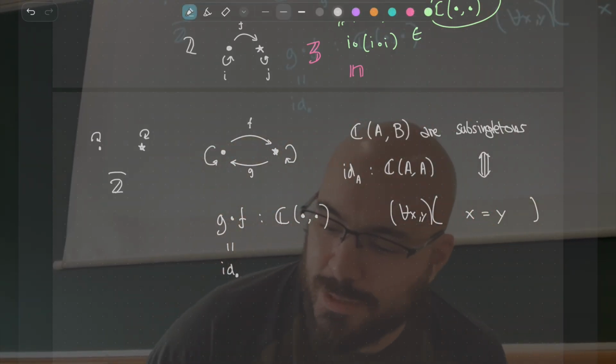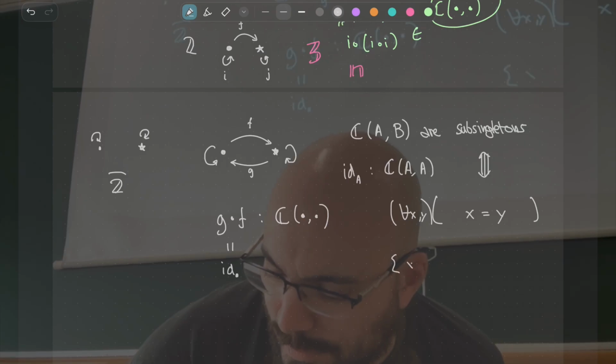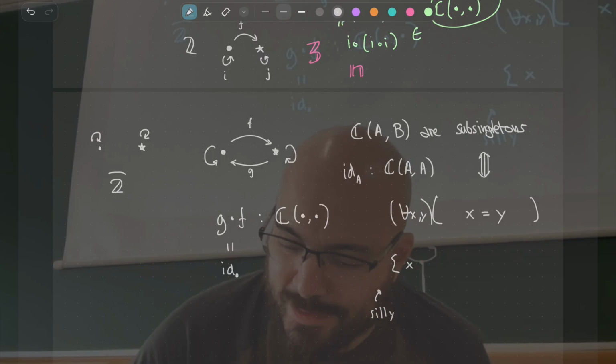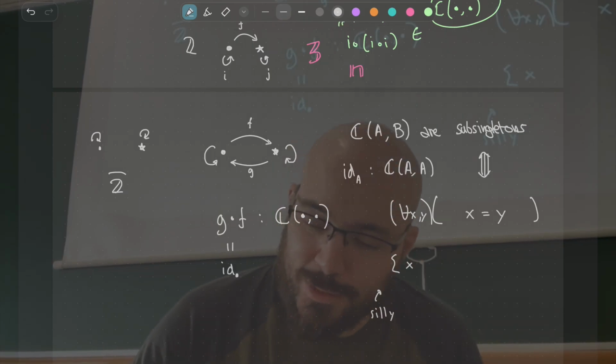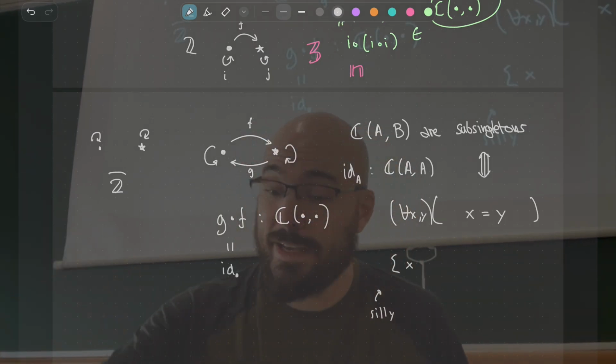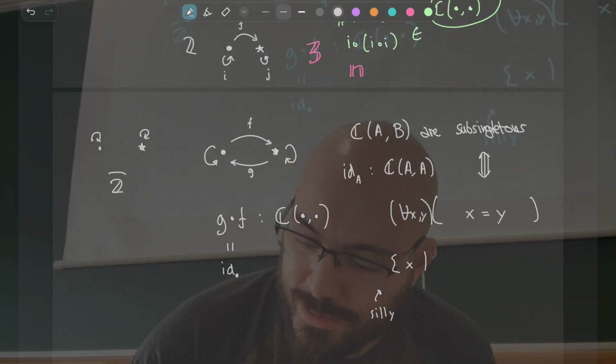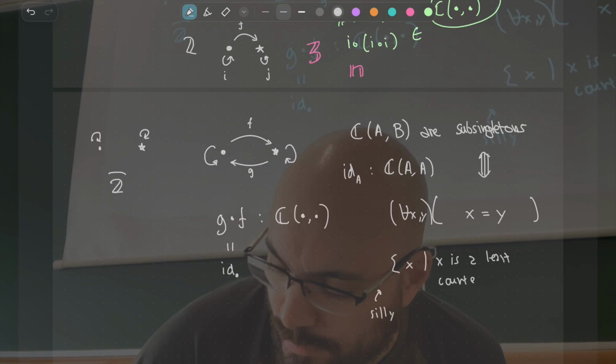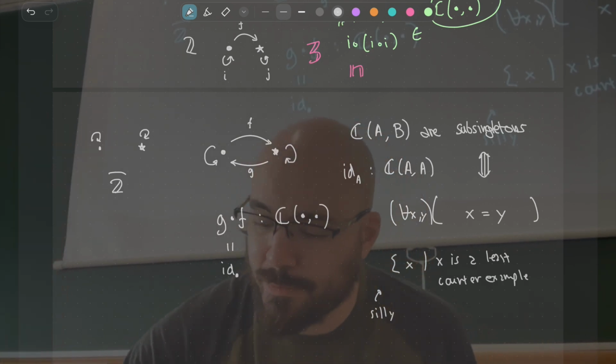The silly example would be like to consider, this is silly, I want to mention it, but it might get you to think about it. If I ask you to prove that something is a subsingleton, and I give you this set, all the x such that x is a least counterexample to your favorite conjecture of number theory.